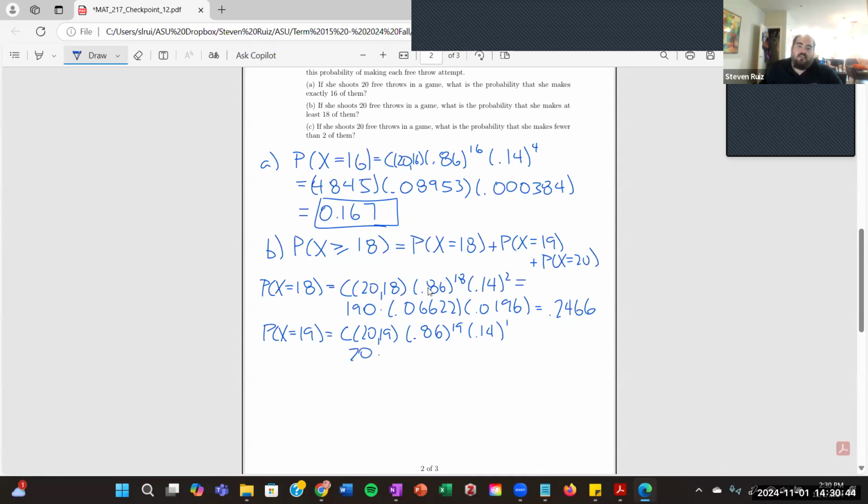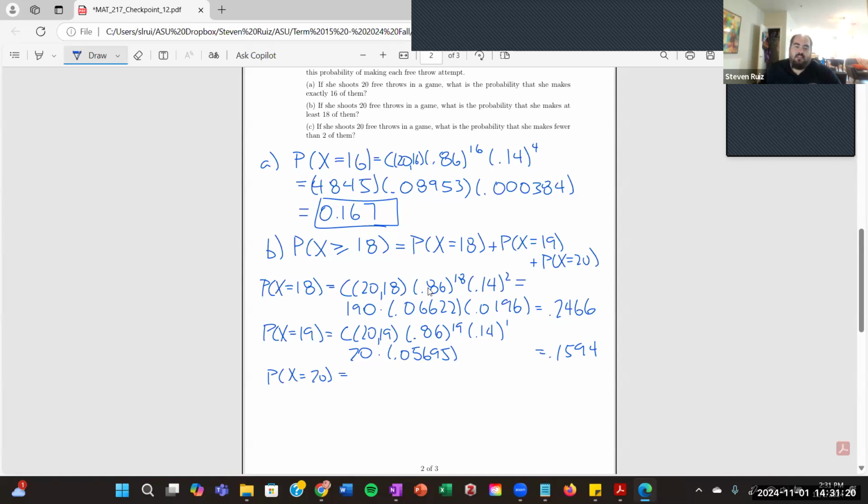So 20 times 0.86 to the power of 19, which is 0.05695. This one I can just store. So this one comes out to be 0.1594.